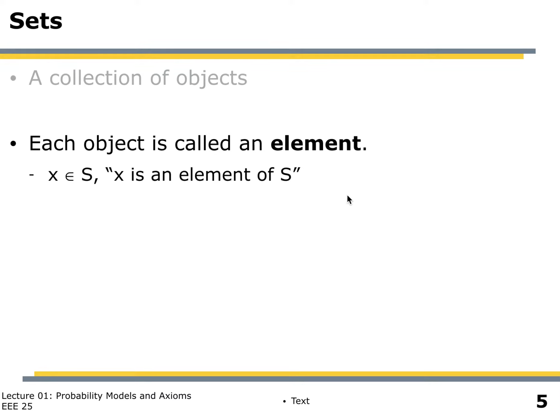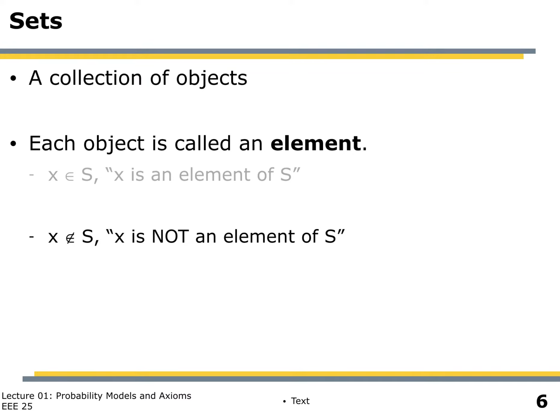Now, if x is not an element of the set, then we also have a notation for that. It's also an E, but there is a slash on top of it. So that means x is not an element of capital S.